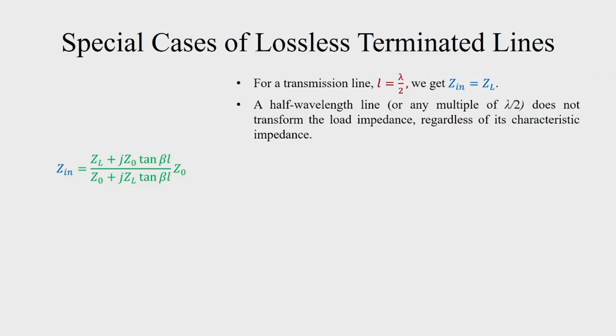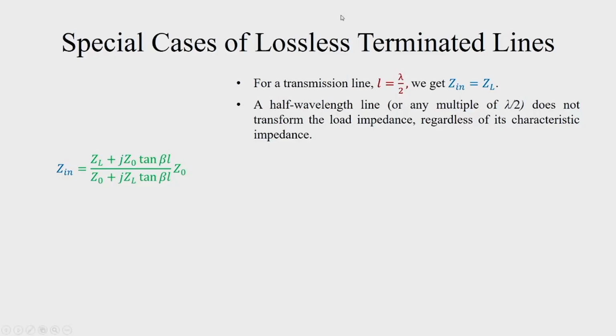So, this is a property that if we take a transmission line of length lambda by 2, or multiples of lambda by 2, in that case the input impedance seen is the same as the load impedance.